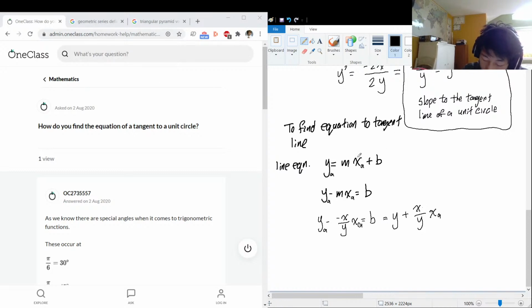If we sub this back into here, it'll make a lot more sense. And this is y of a. So y of a is equal to negative x over y times x of a.